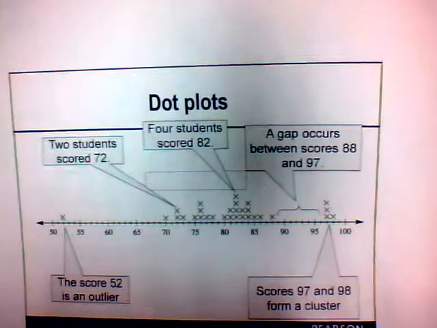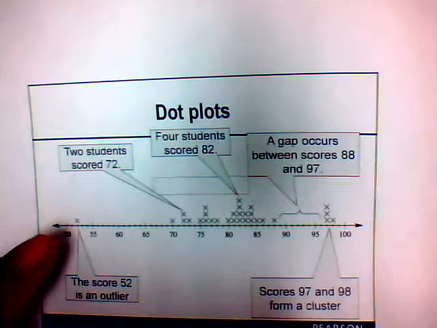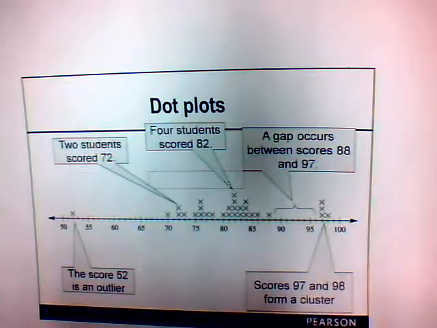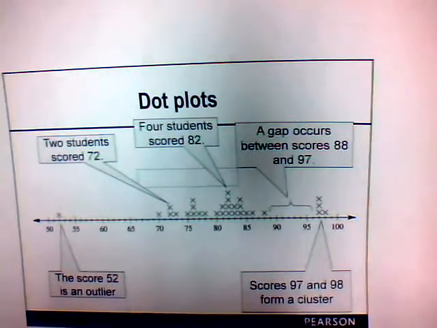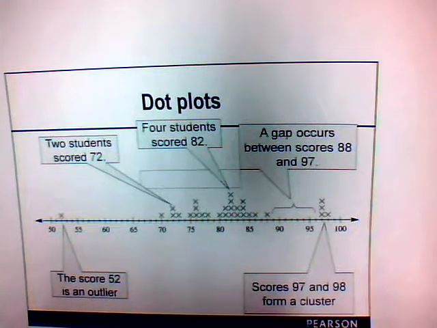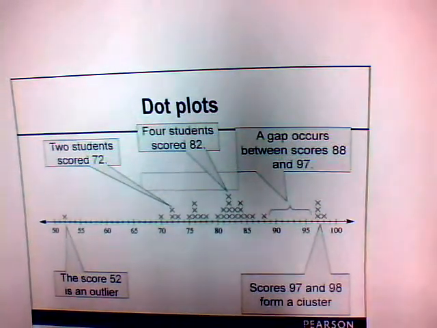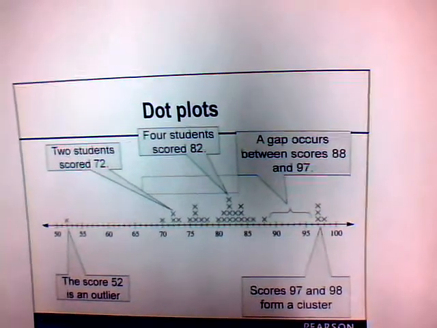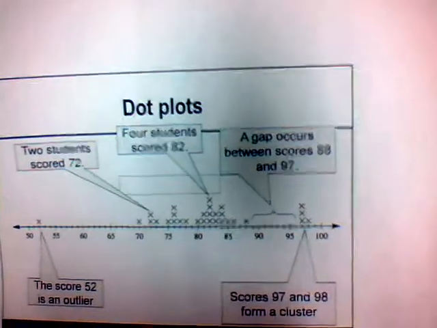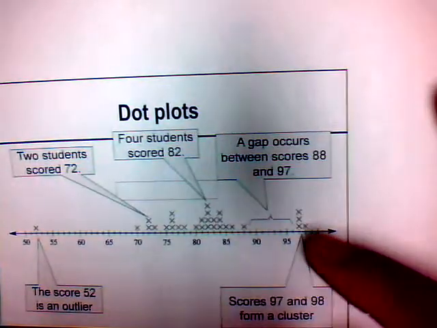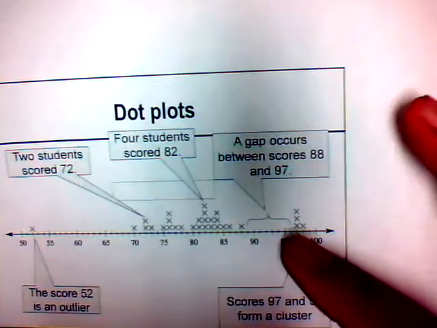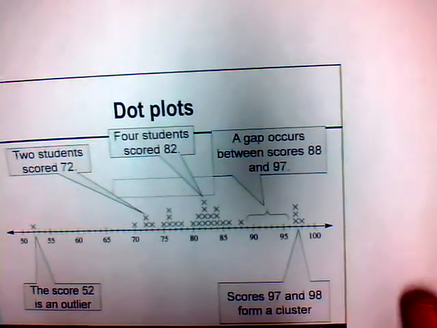Okay, now the score of 52, which you see way out here from all the others, that's called an outlier. Usually an outlier is going to be a data value that is far away from the other data values in that particular set. And then if you got scores that are next to each other, like 97 and 98, they form a cluster.